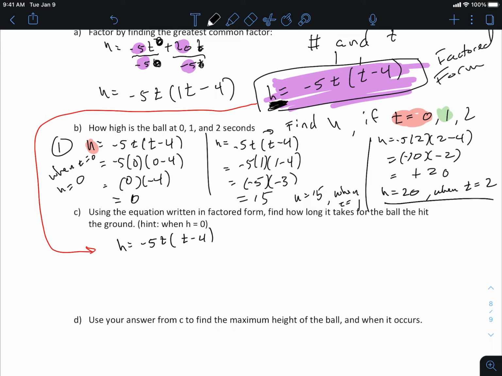The t values, or the roots, or x-intercepts, are always going to take on the opposite values that you see there.